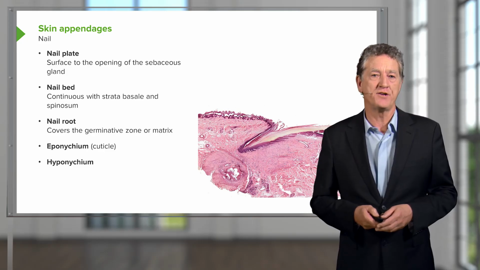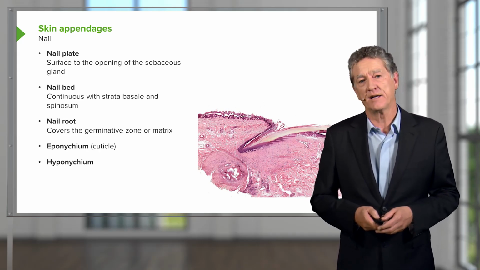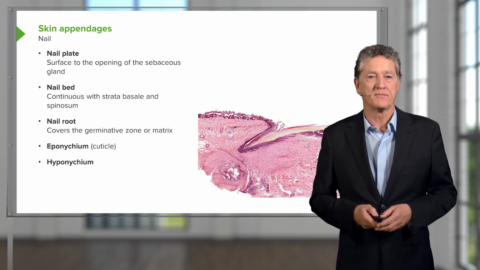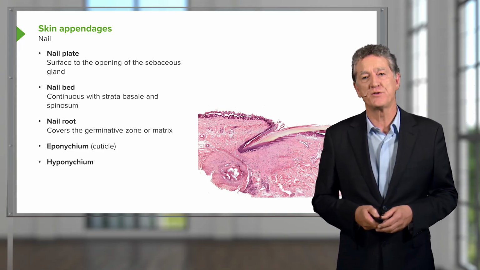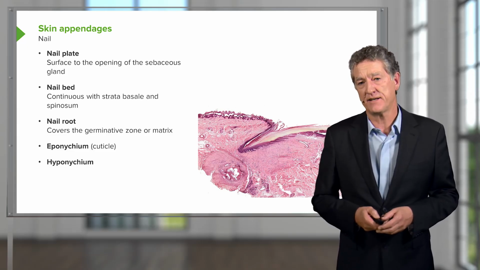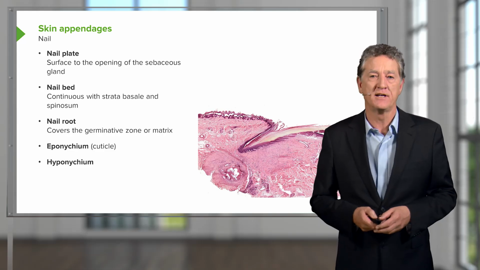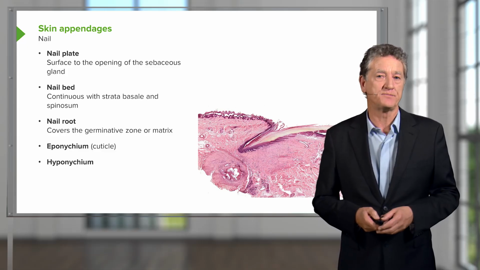The eponychium is the cuticle region of the fingernail. It stops pathogens from getting into underlying germinal layers of the fingernail. And the hyponychium is where the nail protrudes from the finger, and immediately underneath that nail, again, is a region that you don't want pathogens to be able to access the germinating layers of the nail bed and the nail root.